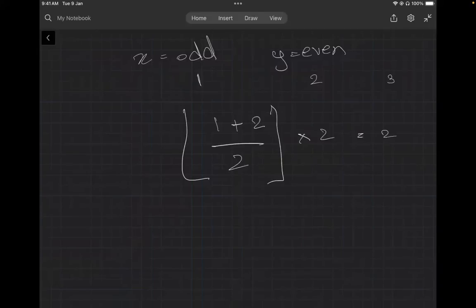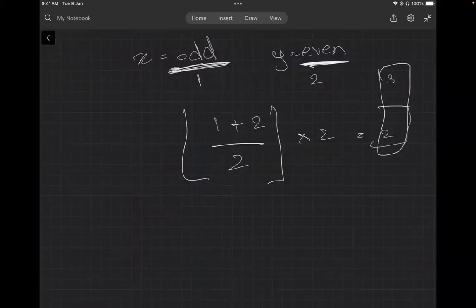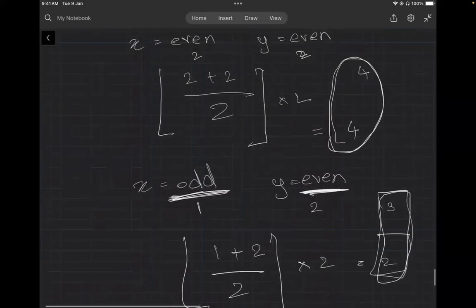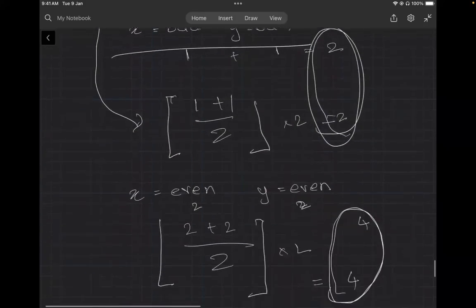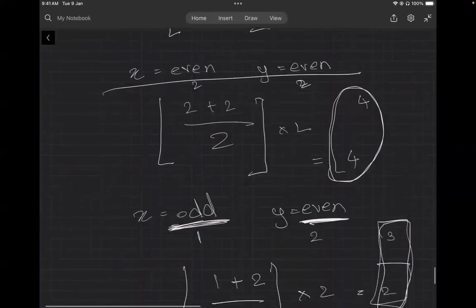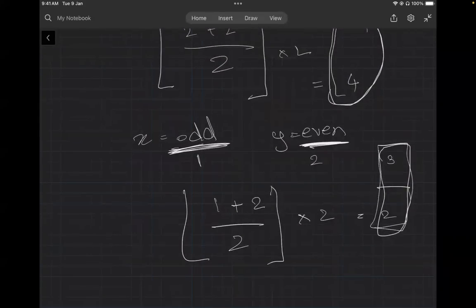So you can see that when one of the numbers is odd and the other number is even, the sum reduces by 1. So it was not for odd-odd or even-even, it was for when one of the numbers is odd and one is even.